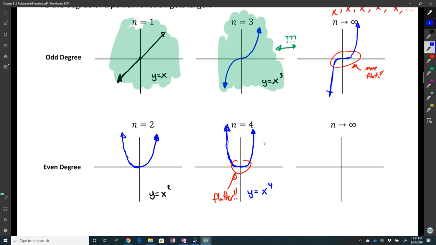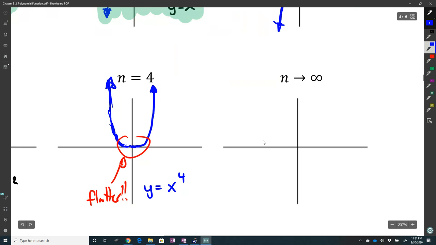And then again, as you go to infinity, you're so zoomed out that it almost looks like it's flat. And then it goes up real quick. And this would be an example of maybe x to the 6th, x to the 8th, x to the 10th, x to the 12th, and so on.